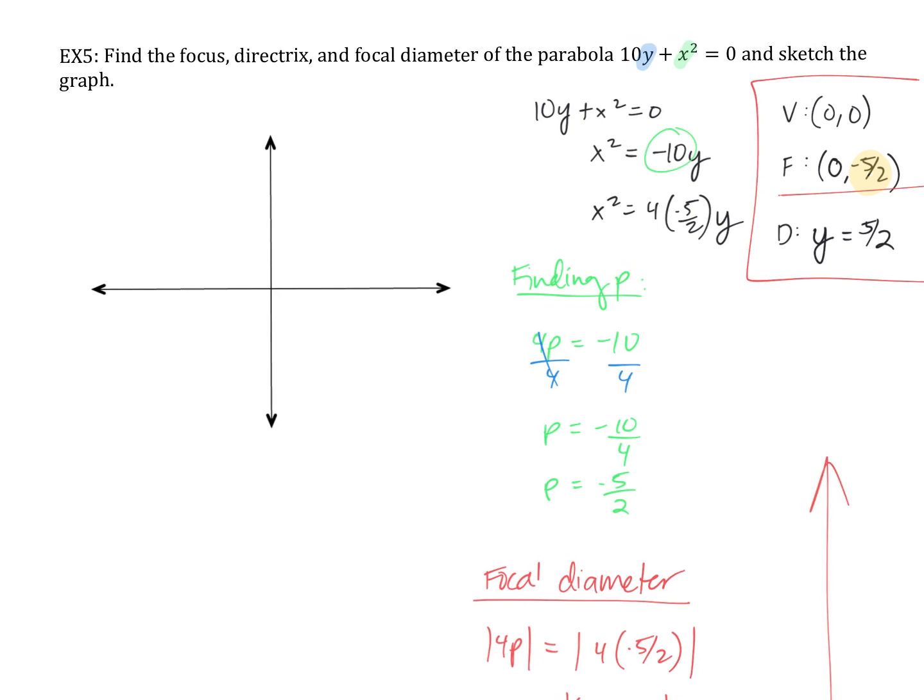So vertex is at 0, 0. My focus is at 0, negative 5 over 2. And then let's see, my directrix is at y equals positive 5 over 2.